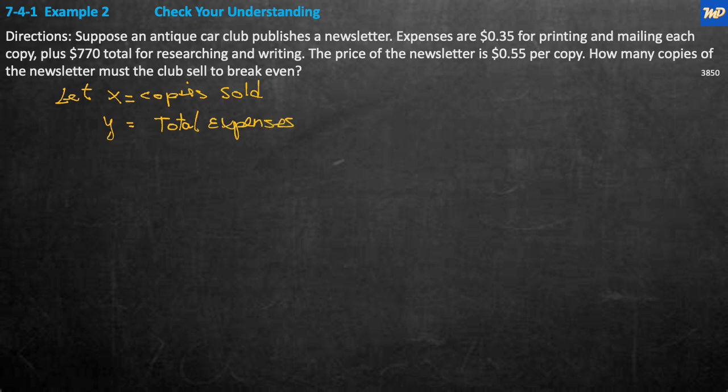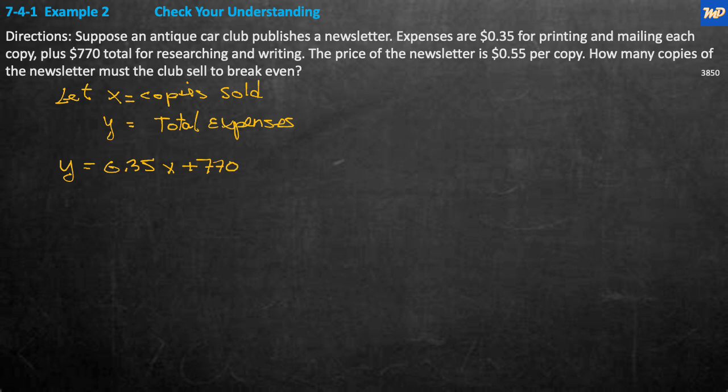Okay, so now we have that. And we know that y, the total expenses, is going to be equal to 0.35 times the number of copies sold, times x, plus $770.